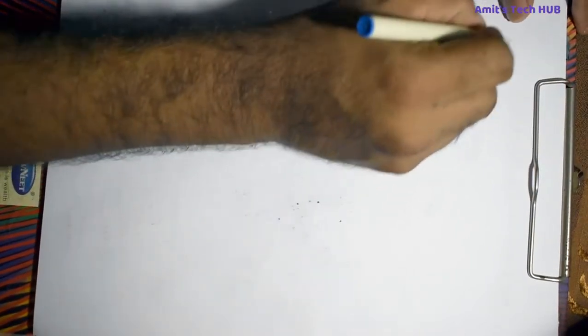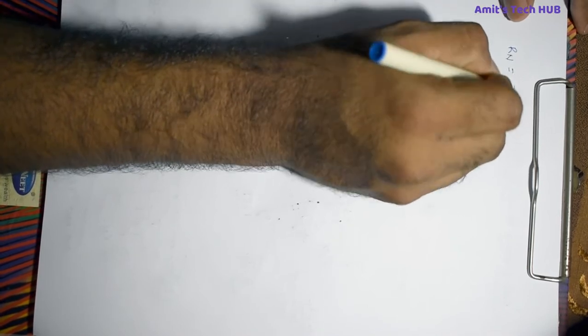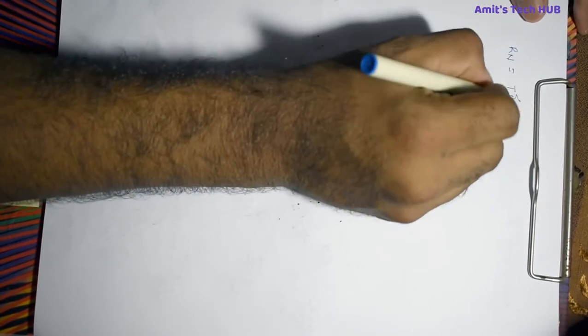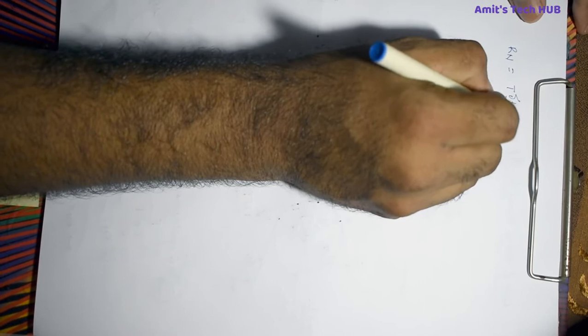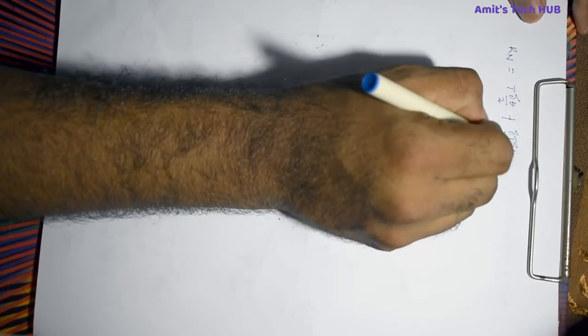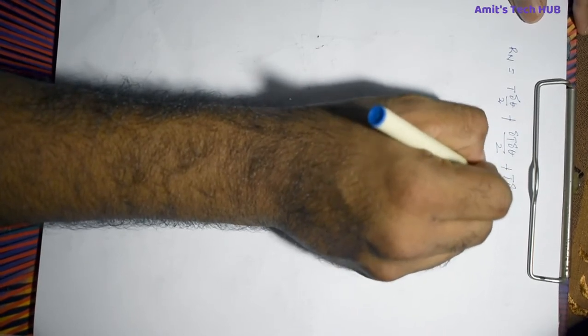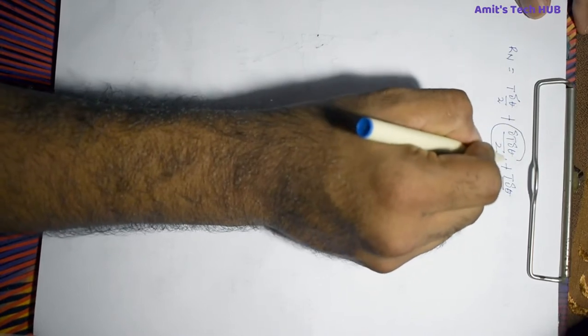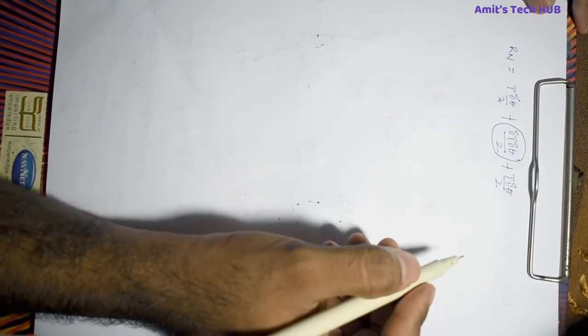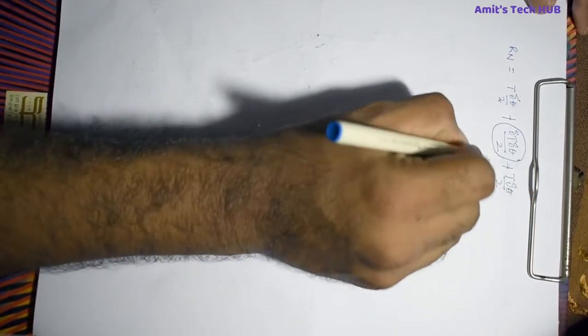We can write Rn is equal to T del theta by 2 plus del T del theta by 2 plus T del theta by 2. So here the product of del T and del theta by 2 is very small, so hence this can be neglected.